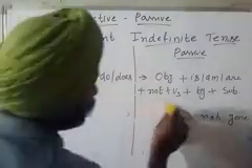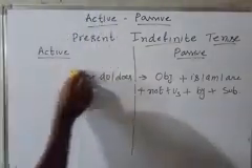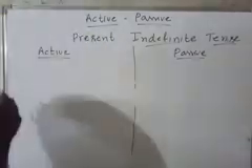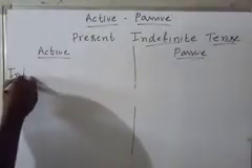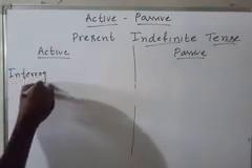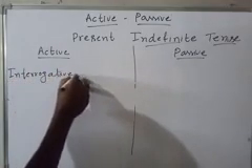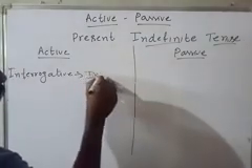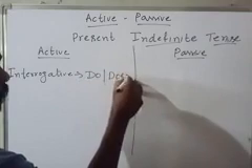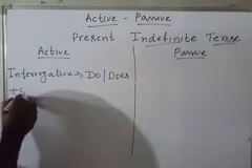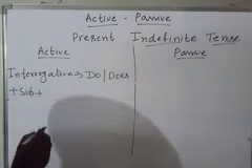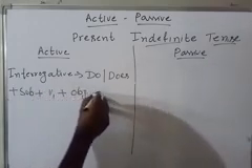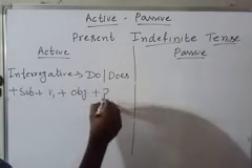Okay, now we move to the third, interrogative, and in the interrogative sentence we use do, does before the subject, then we use subject, then we use verb first and object, and we end the sentence with a question mark.